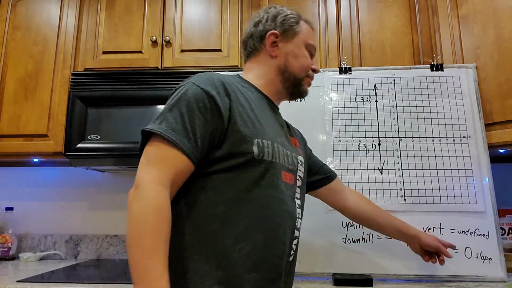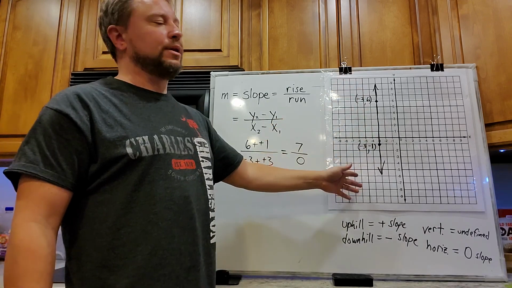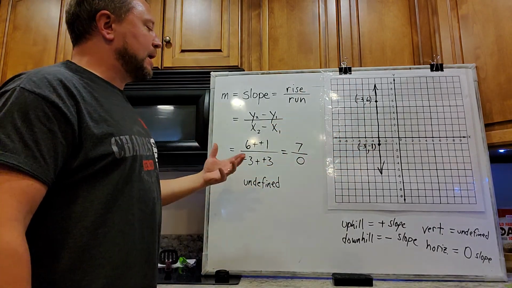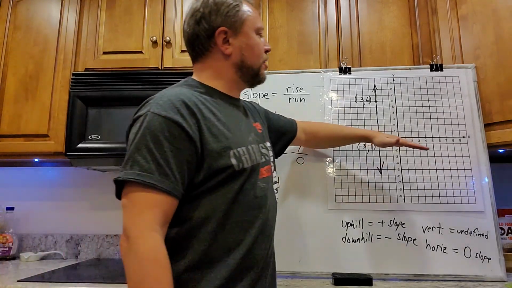Again, that doesn't mean it doesn't have slope. Same with this one even. You don't argue that this doesn't have slope. It has slope. It's just that its slope is so steep.